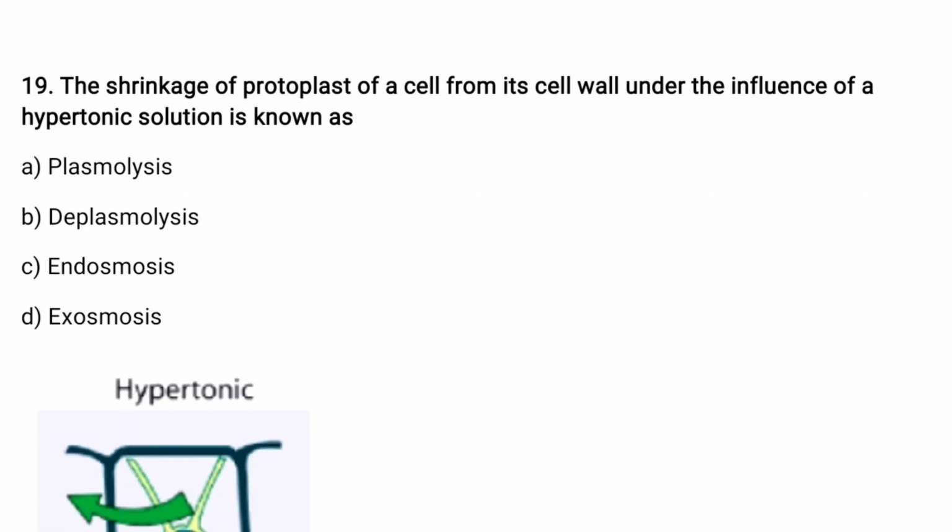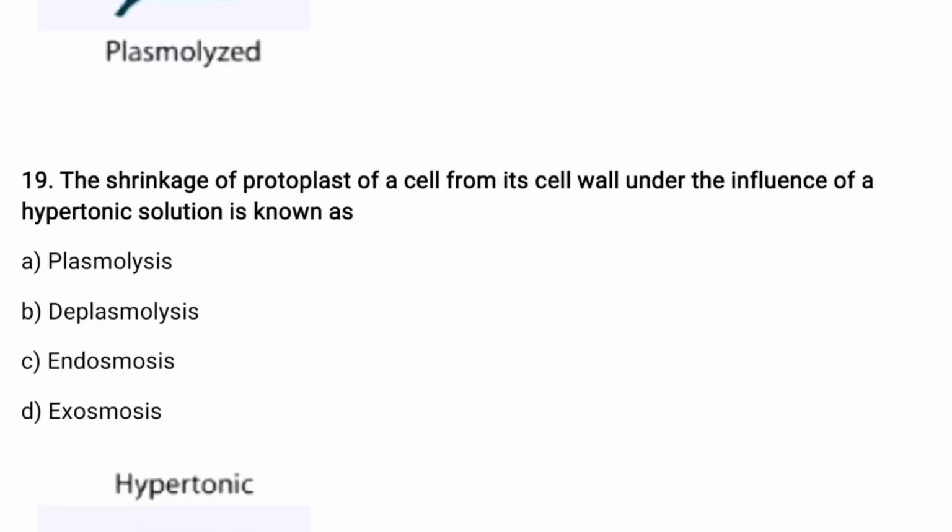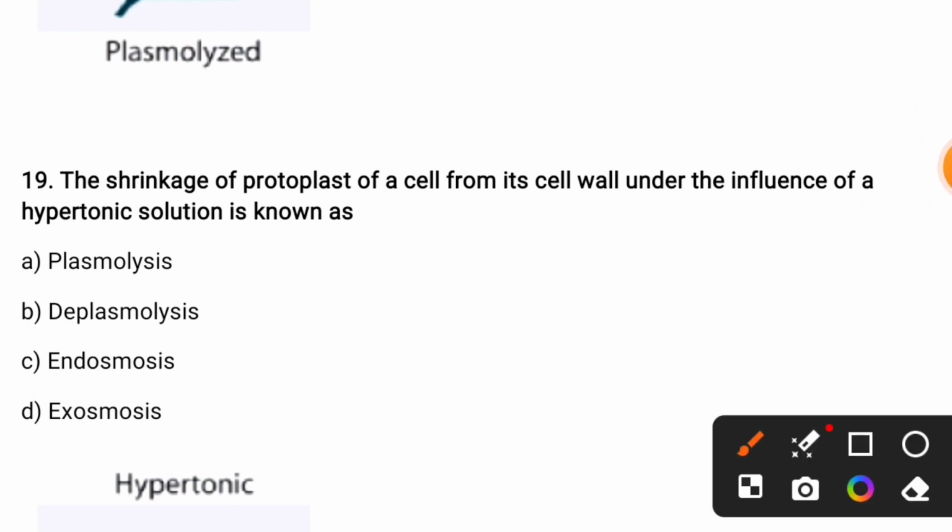The shrinkage of protoplast of a cell from its cell wall under the influence of a hypertonic solution is known as. Options are plasmolysis, deplasmolysis, endosmosis, exosmosis. As I told you before, the shrinking of protoplast occurs when it is placed in the hypertonic solution.